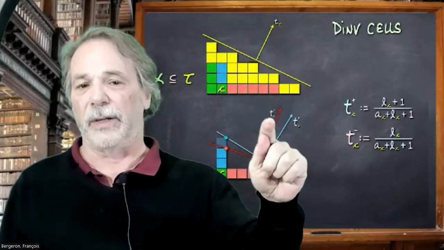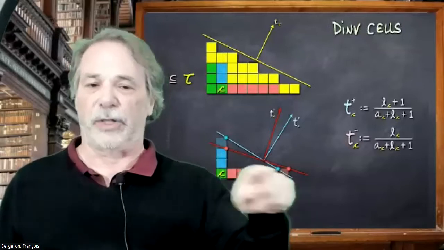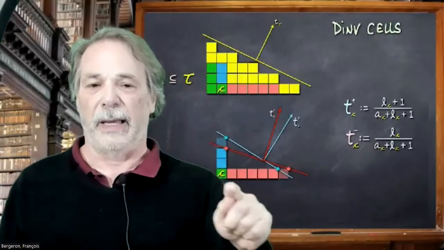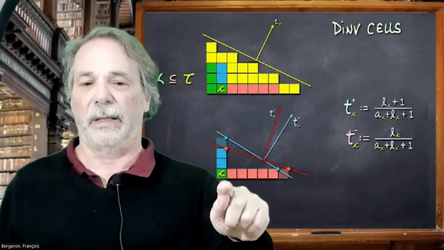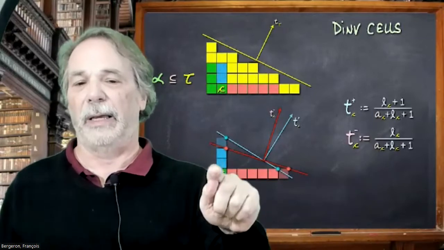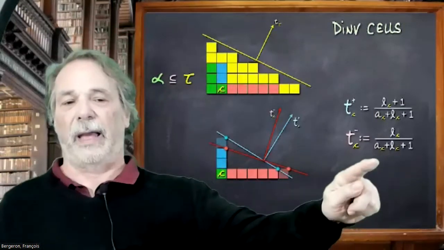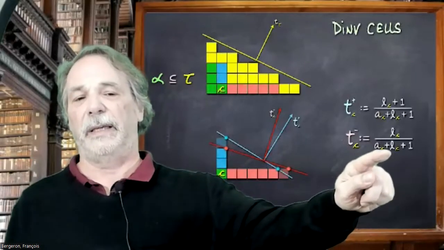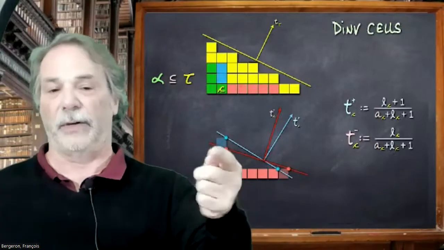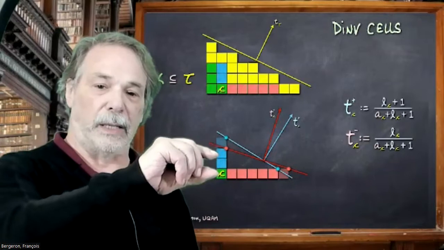So T minus is essentially giving the slope of the vector which is orthogonal to this, and it's calculated by L, the leg length, divided by L plus A plus 1. So AC, LC plus 1, this sum above is just the hook length of that hook. And LC is the length of the blue part here.